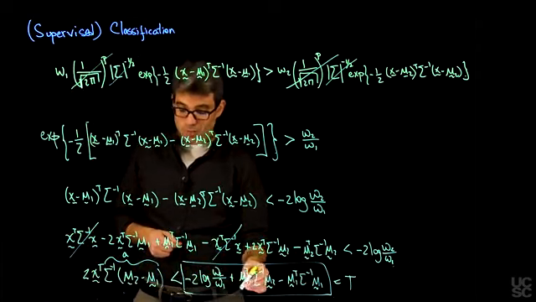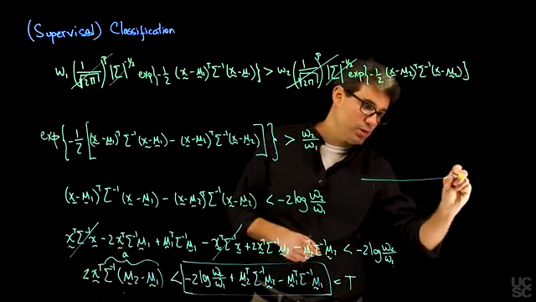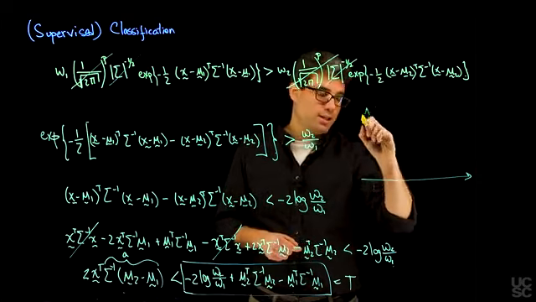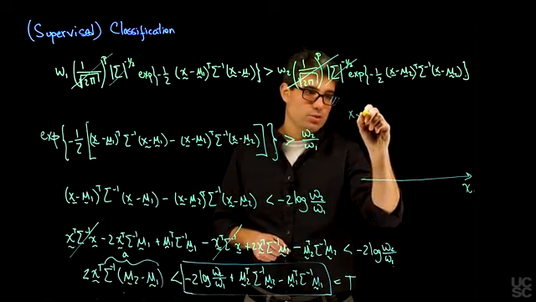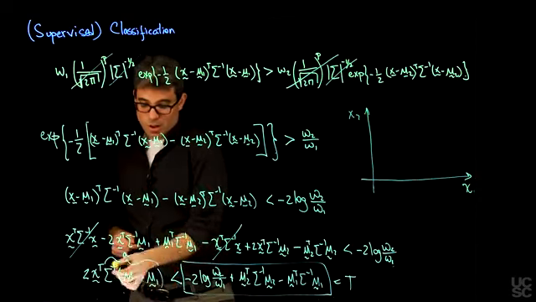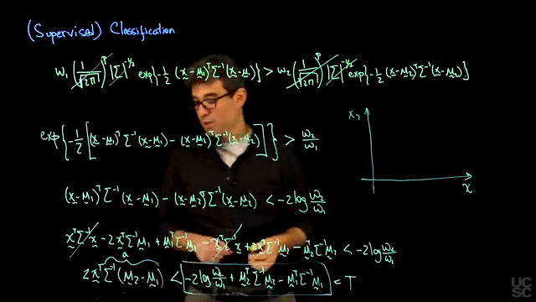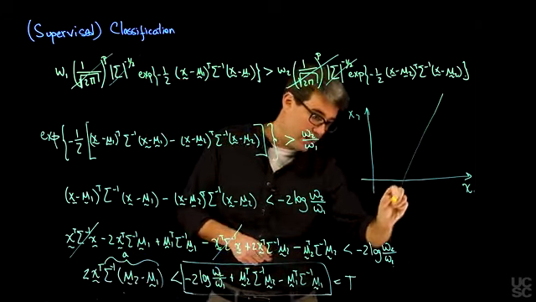In other words, in a setting where we only have 2 variables, for example, x1 and x2, the linear combination of the entries is just a line on the plane. So this product just corresponds to a line.